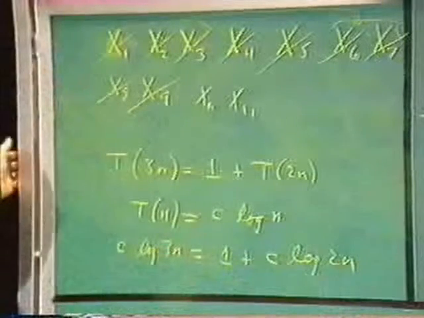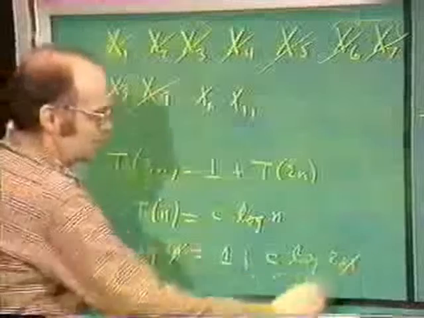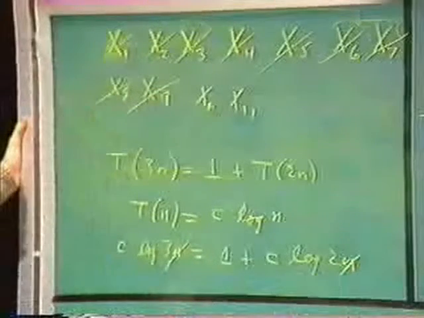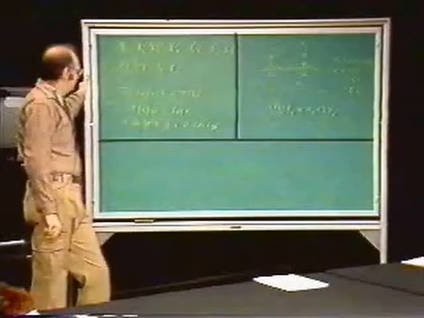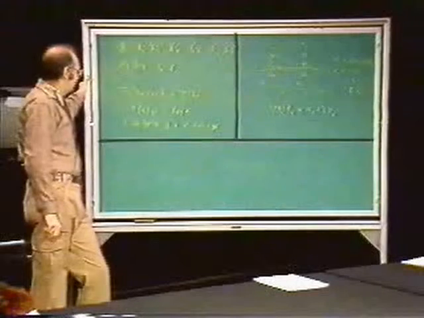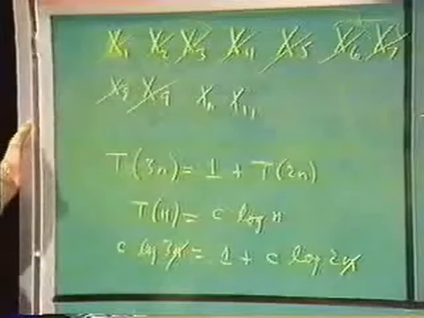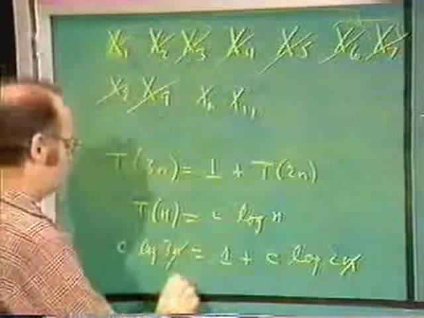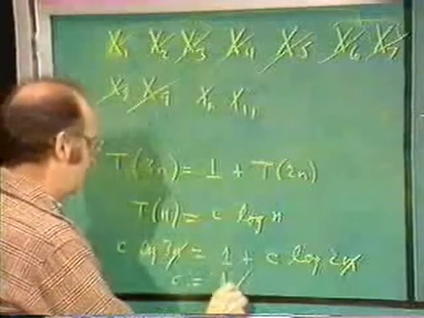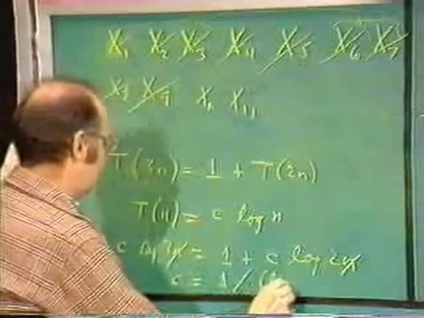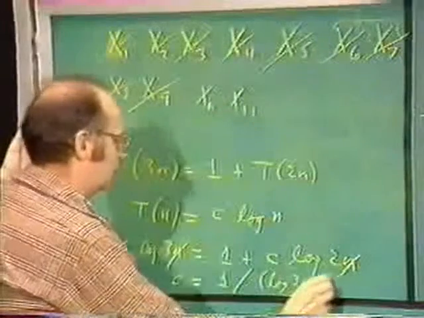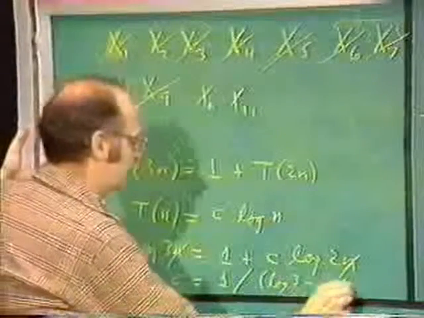And the log n's cancel. Take off c log n from both sides of the equation, and that should be enough to determine c. C is equal to 1 over log 3 minus log 2.